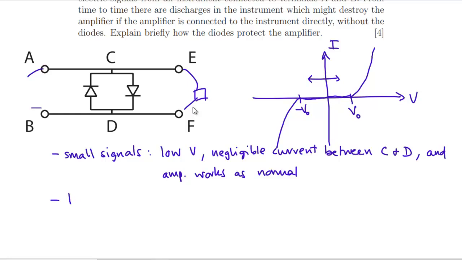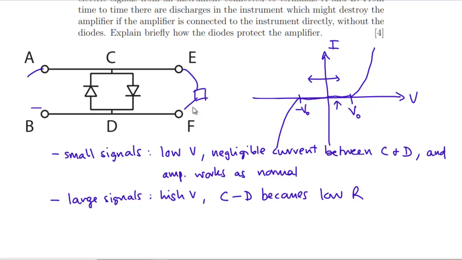If we've got large signals, the discharge, then we're going to have high V, which means that CD becomes low resistance. This is the other way of thinking about this. Maybe the interesting part of these IV graphs for diodes is how the resistance is changing.